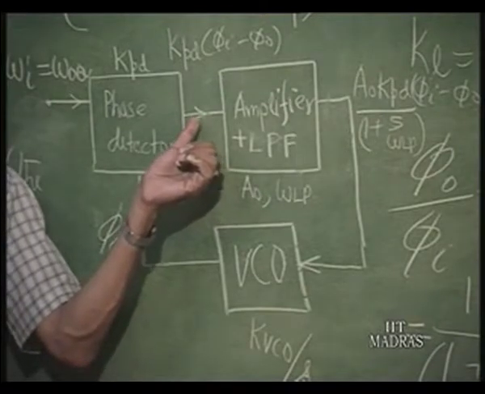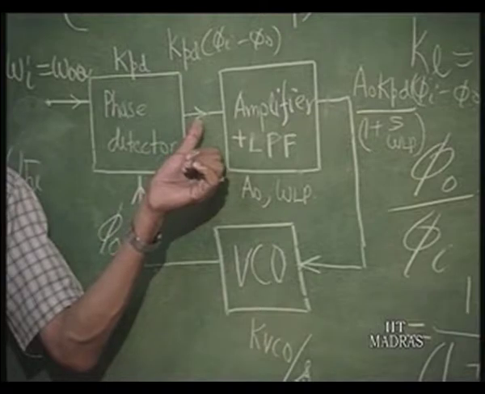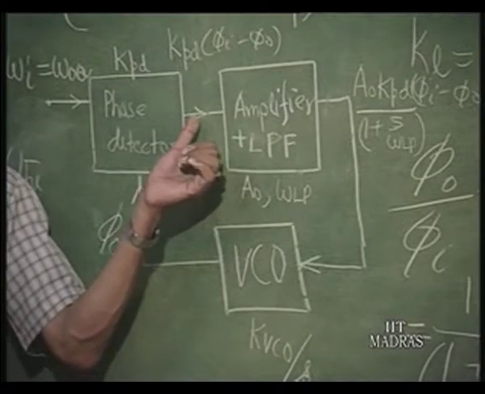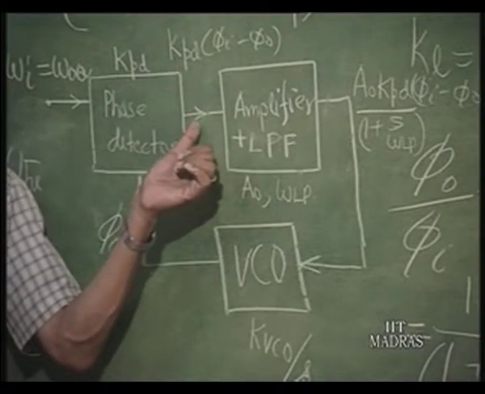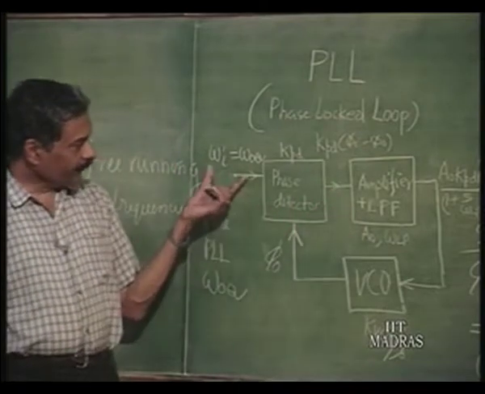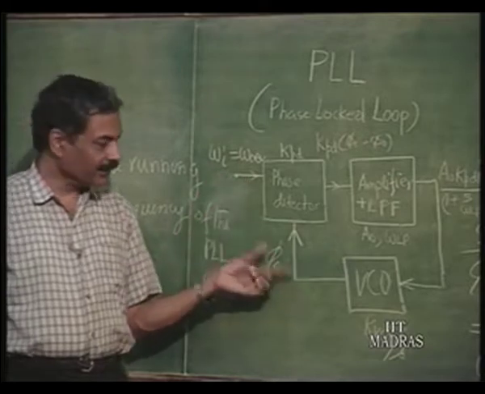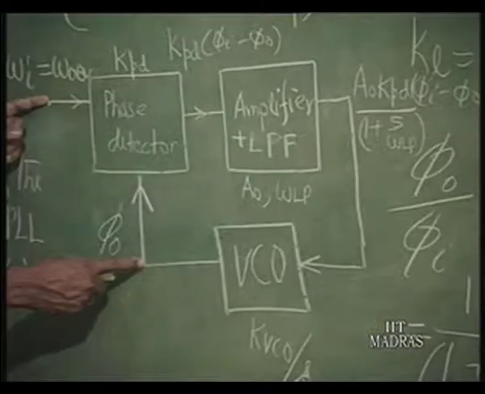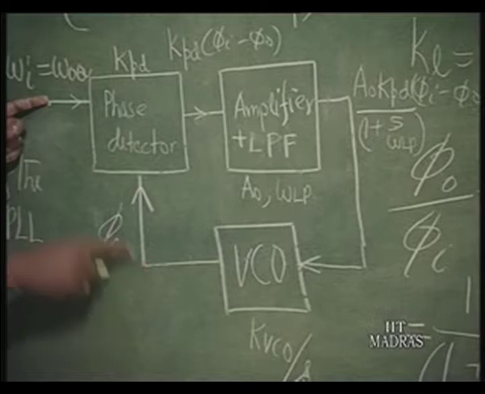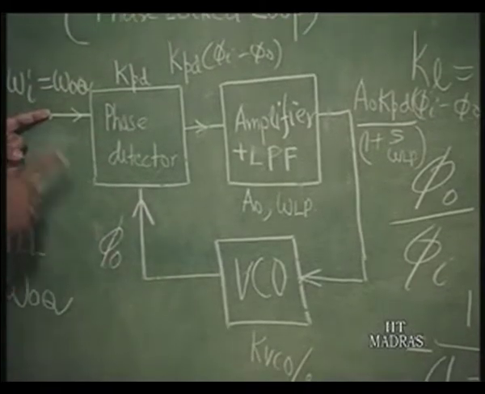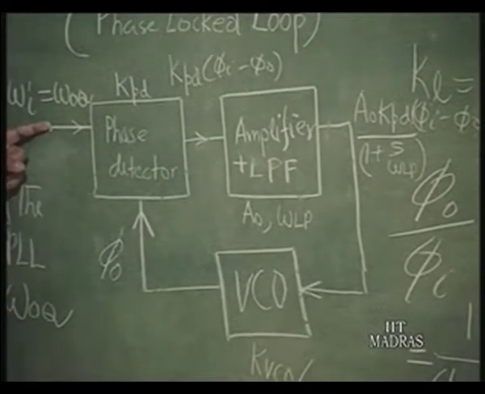So, cos phi is the average. If cos phi is 0, phi has to be 90 degrees. That means, if the incoming frequency is the same as the free running frequency, the phase difference between these two will be automatically set by this loop to be 90 degrees. That is the quiescent phase shift.